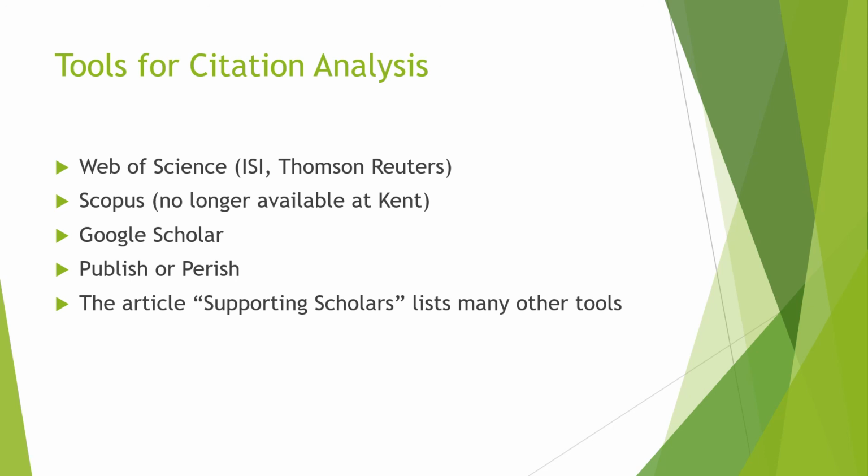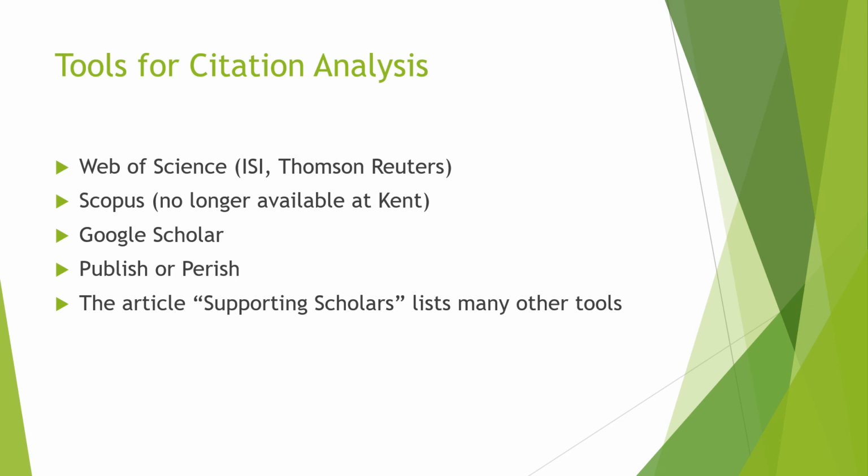Again, another downside to citation analysis is not everyone has access to these. And for many, many years, Kent had Web of Science but did not have Scopus, and then did a review trying to figure out which of the two to buy, and did end up buying both. Google Scholar is another one that's used a lot, and Publish or Perish is another free one. Google Scholar is very easy to use, of course, because everybody has access to it.